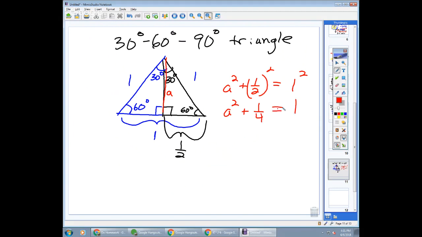Now I'm trying to get that altitude here. So I'm going to subtract the 1/4 to the other side. So 1 minus 1/4 is going to give me what? 3/4. And then I have to take the square root of that.